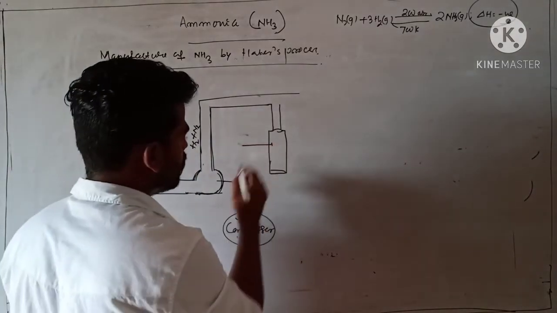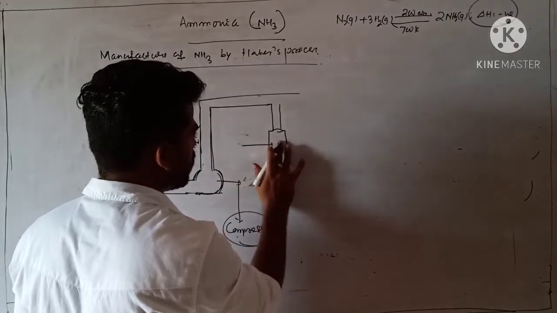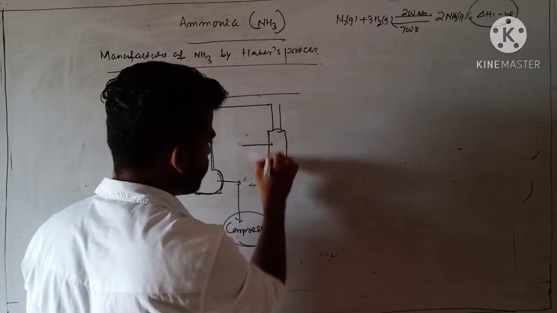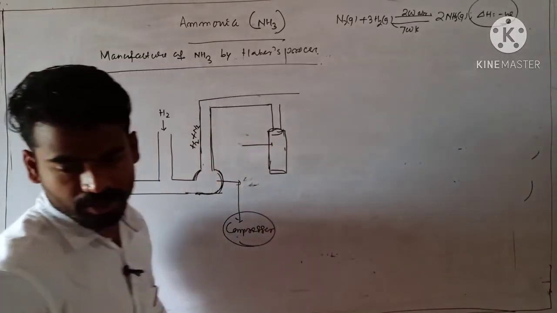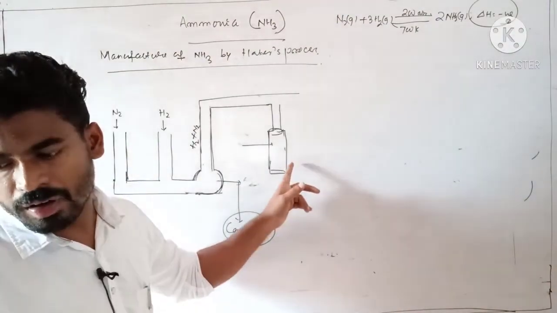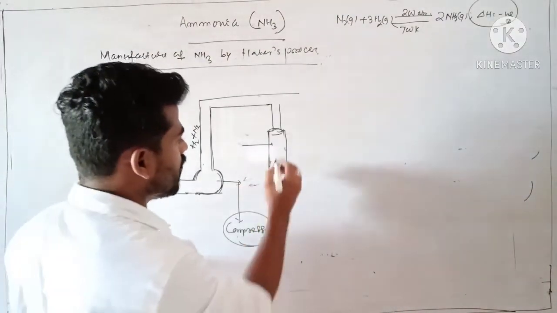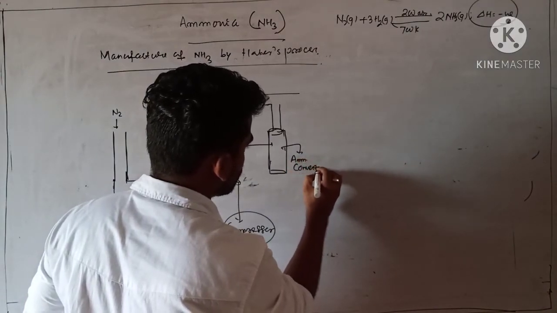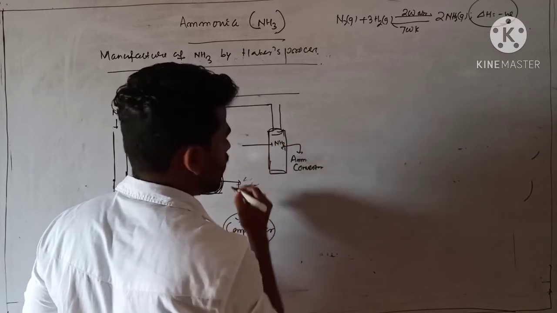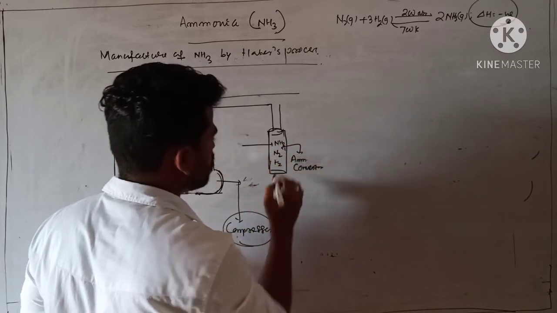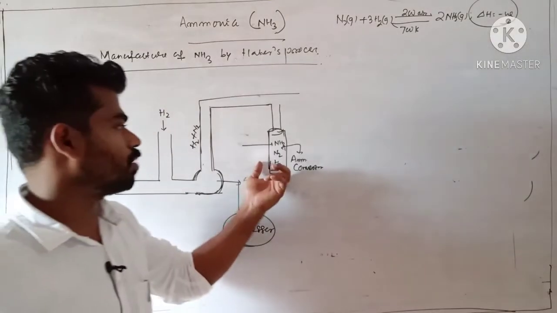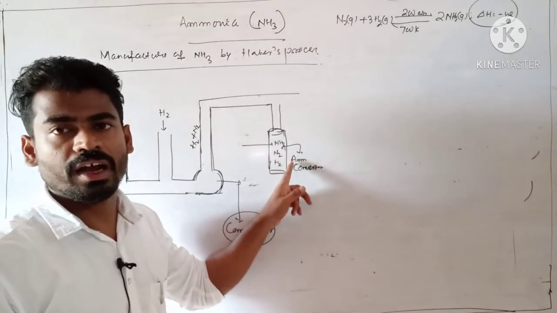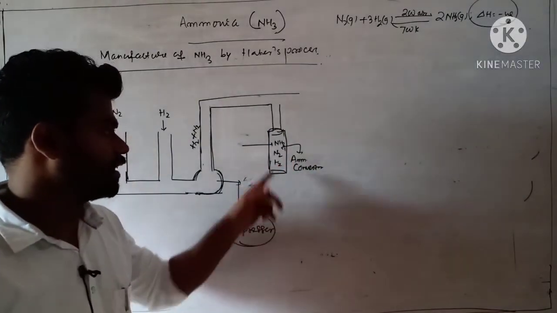Within this chamber, formation of ammonia takes place, so this is called the ammonia converter. Here it contains NH3, N2 and H2, because all the nitrogen and dihydrogen are not converted into ammonia completely within the chamber. There are still free nitrogen and free hydrogen gases.